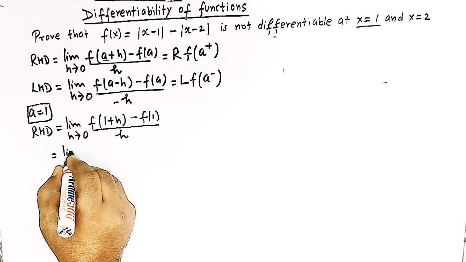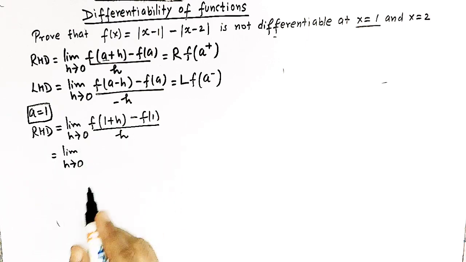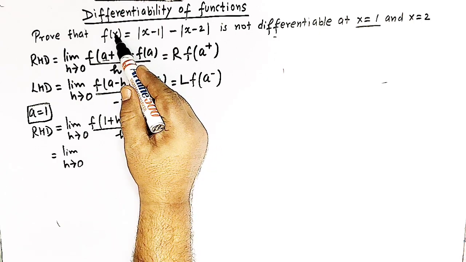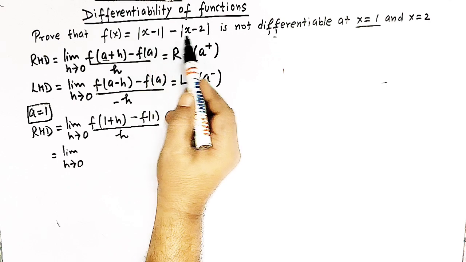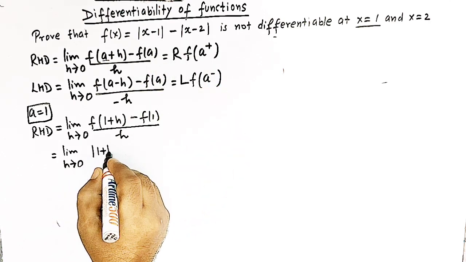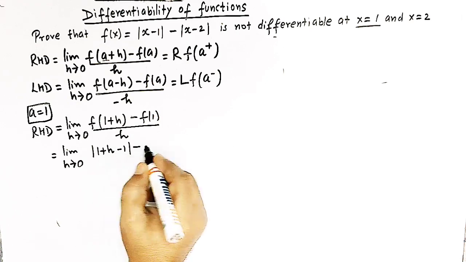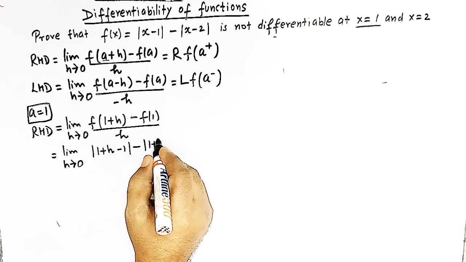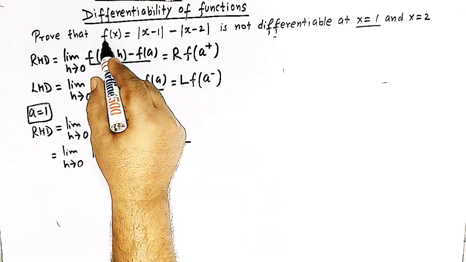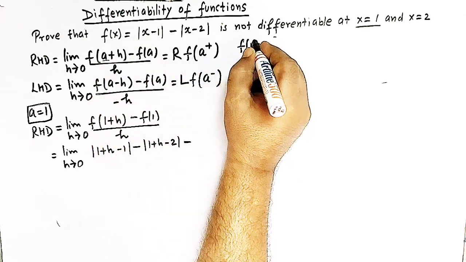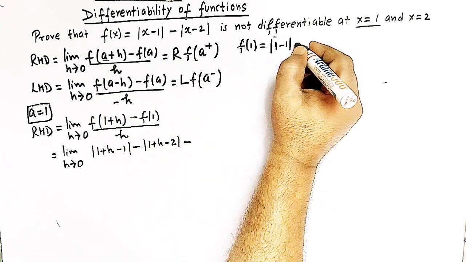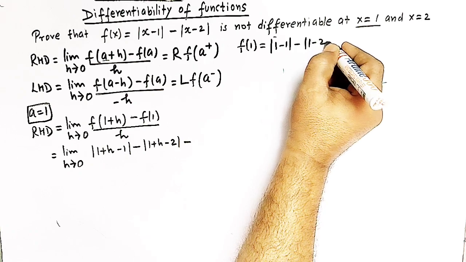So now we have limit h tends to 0. Now f of 1 plus h can be obtained by replacing x by 1 plus h in this function. So we have here mod of 1 plus h minus 1, then minus mod of 1 plus h minus 2, and we can now find out the value of f of 1 separately here. f of 1 is given by mod of 1 minus 1 minus mod of 1 minus 2.